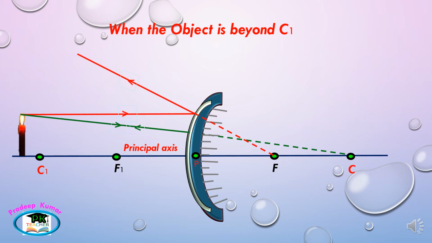Where do the 2 reflected rays meet? Reflected rays are here, divergent. They won't meet, so produce them backwards, and the image is formed. Nature of image: virtual, erect and diminished.